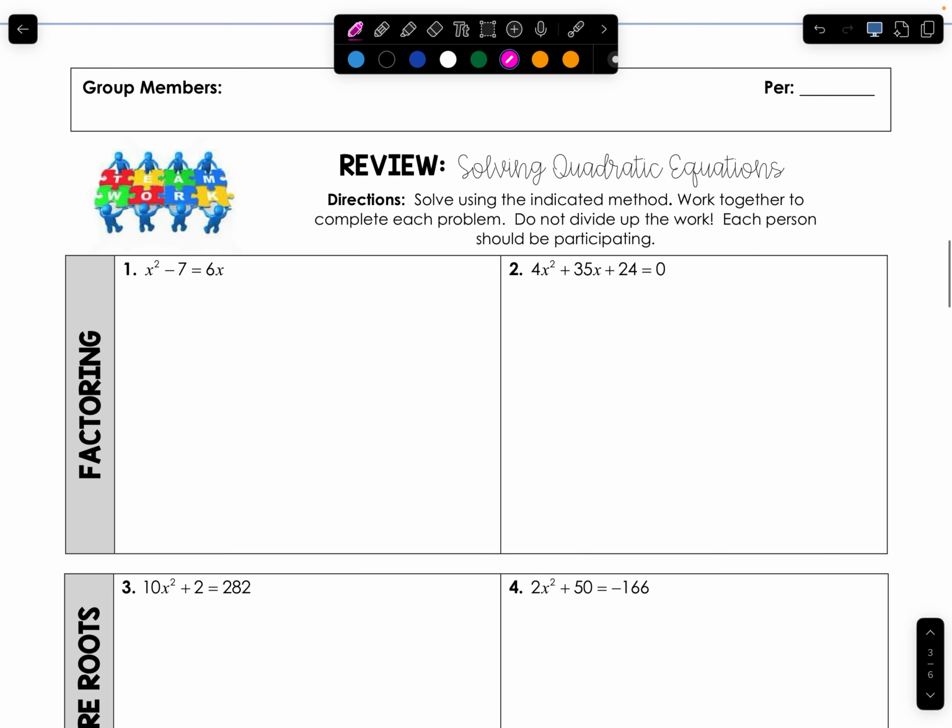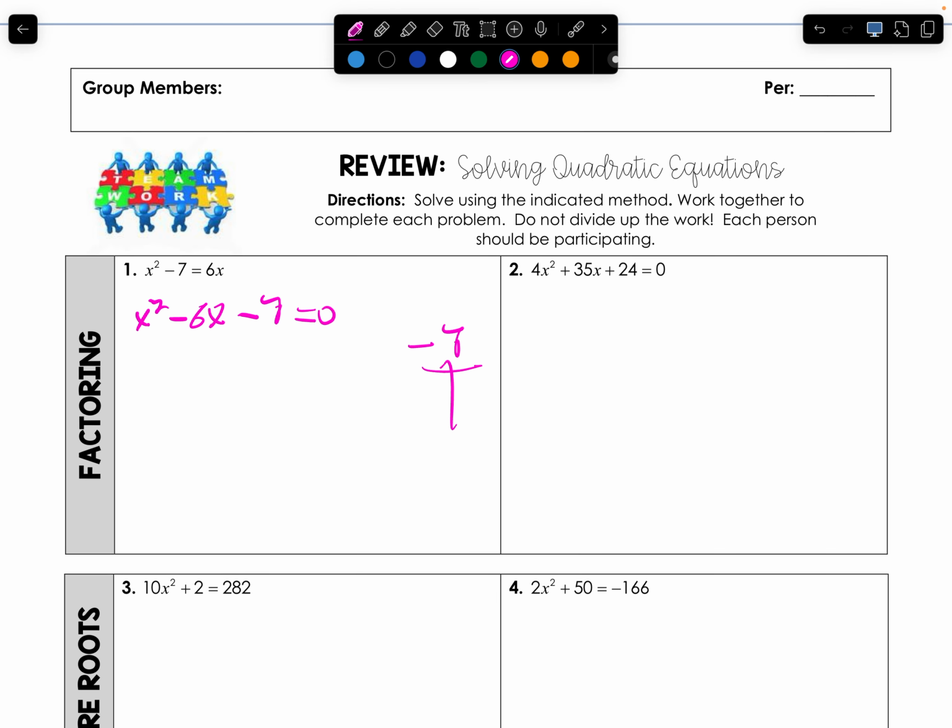And solving quadratic equations by factoring, well, we'd have to get x squared minus 6x minus 7 equals 0, minus 7 plus 1. Does that work? Double check me. X minus 7, x plus 1.